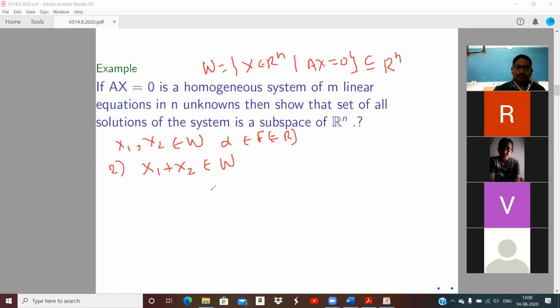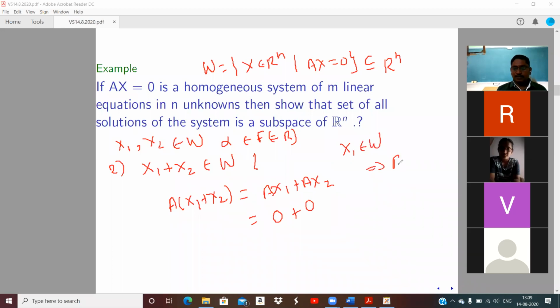x1 plus x2 belongs to W. This is our target here. So you must have A times x1 plus x2 equal to 0. It will become Ax1 plus Ax2, as a property of matrices. What is Ax1? It is 0. What is Ax2? It is 0, because x1 belongs to W means Ax1 is 0.